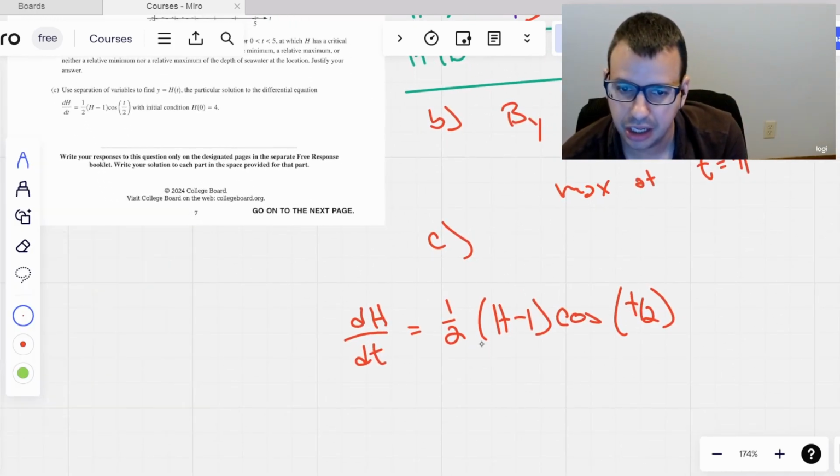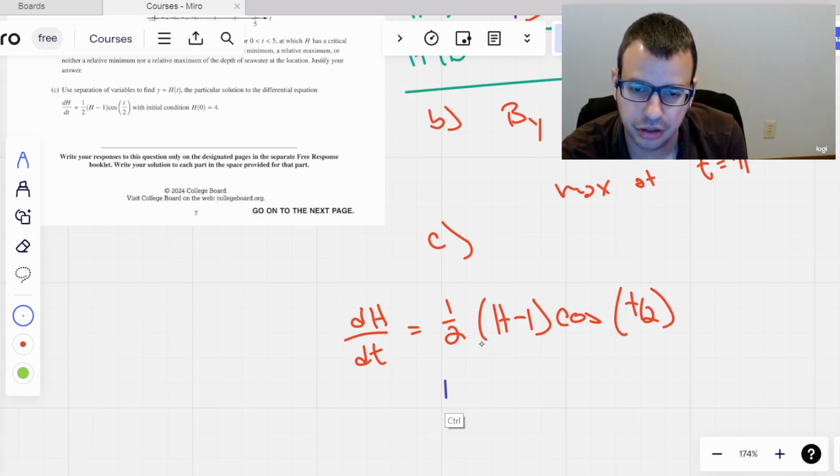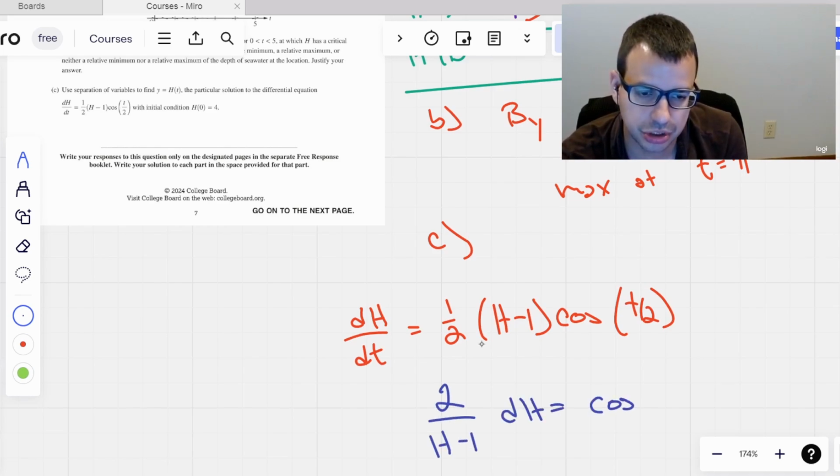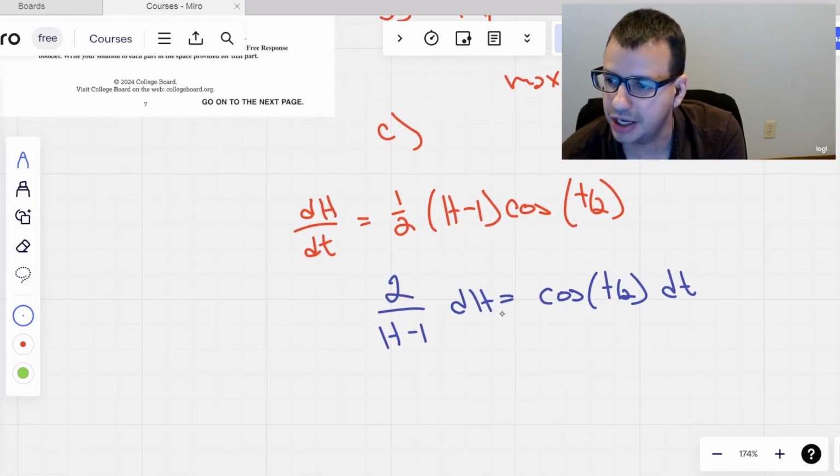So I'm going to say 1 over h minus 1 equals, actually I'll do this a little bit differently. 2 over h minus 1 dh equals cosine of t over 2 dt. So we separate the variables. Now we just need to integrate both sides, which will probably be the tough part here.